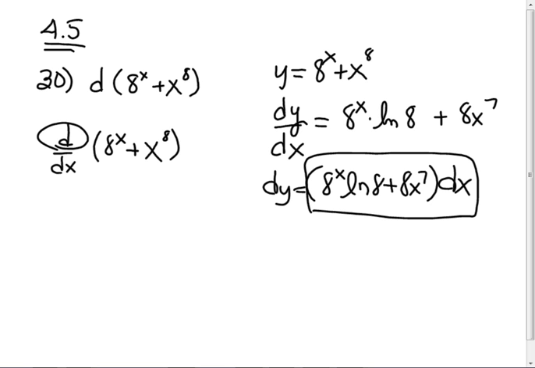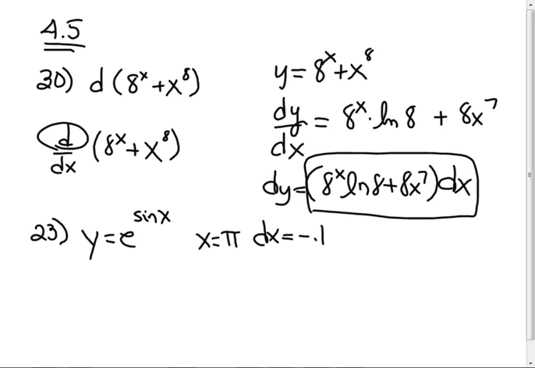Why don't we do 23, because that looks hard. y equals e to the sine of x, x equals pi, and dx is equal to negative 0.1.